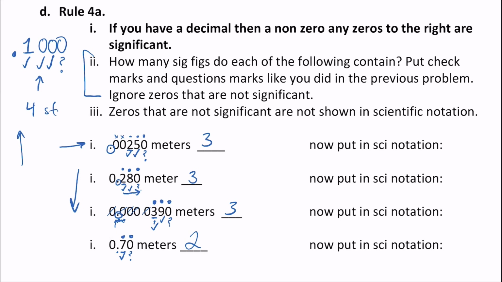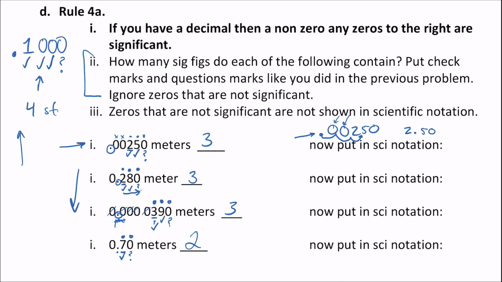All right, so first one we do 0.00250. Now we need to move this over 1, 2, 3 times. When we do that, it'll be 2.50 because again, you don't show these zeros because they're not significant, but they are important for figuring out the scientific notation.